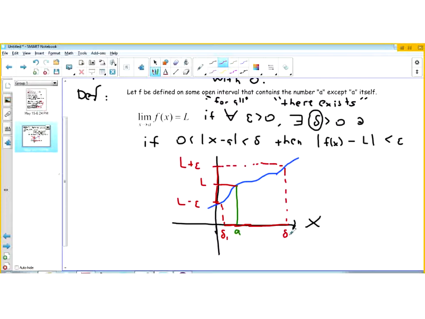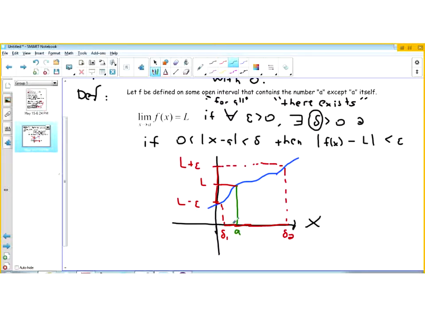Actually, we have kind of an asymmetric situation. We know that f of delta 2 produces an output of L plus epsilon. f of delta 1 produces an output of L minus epsilon. So I need to find a delta.